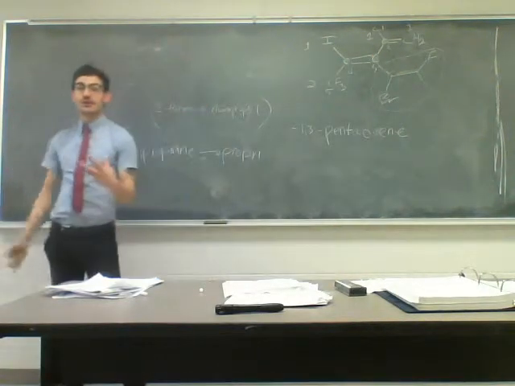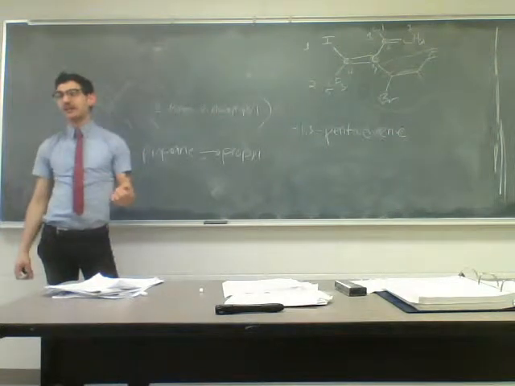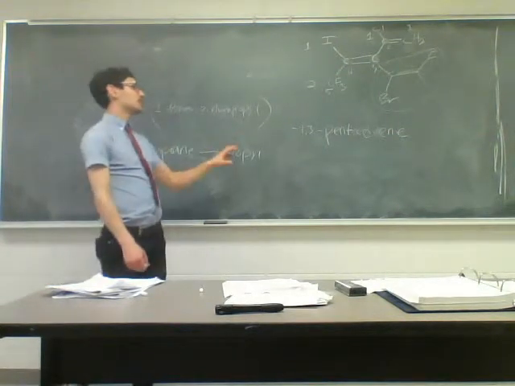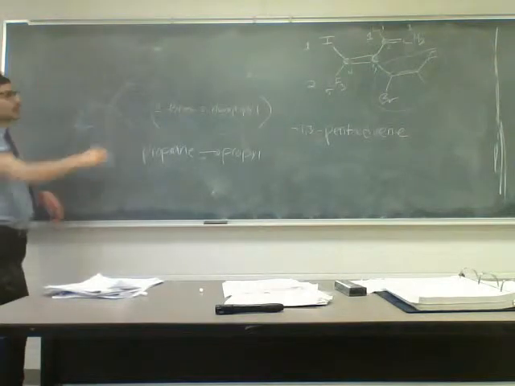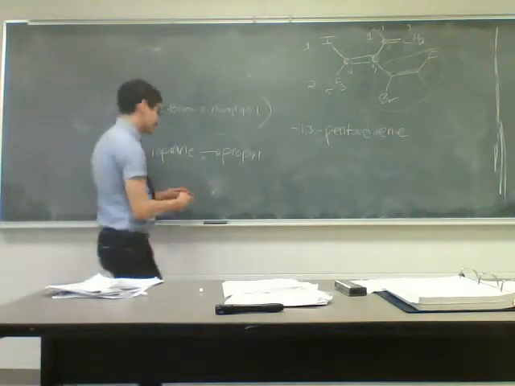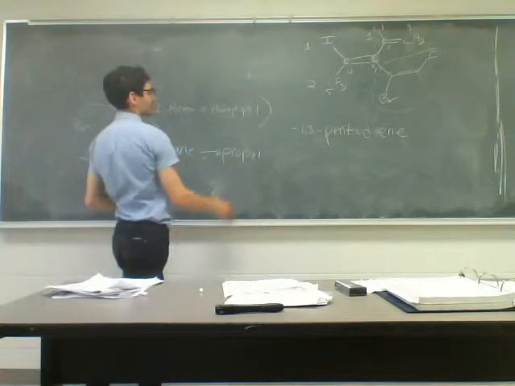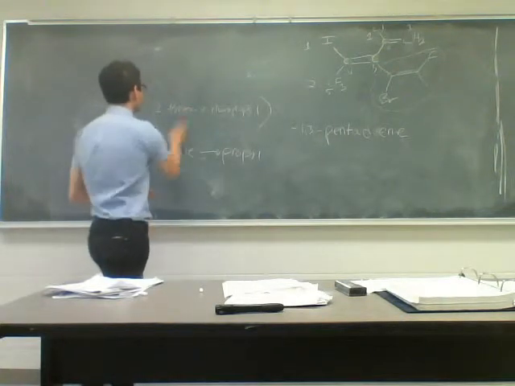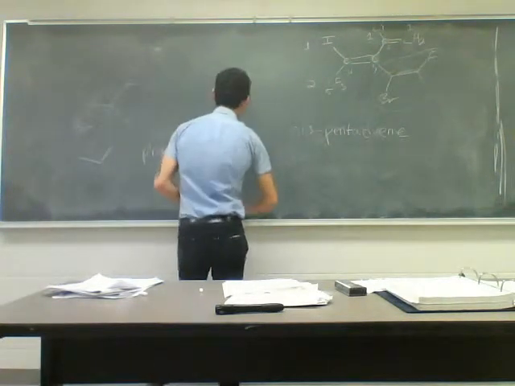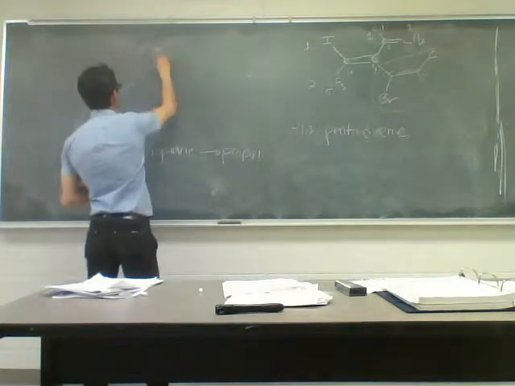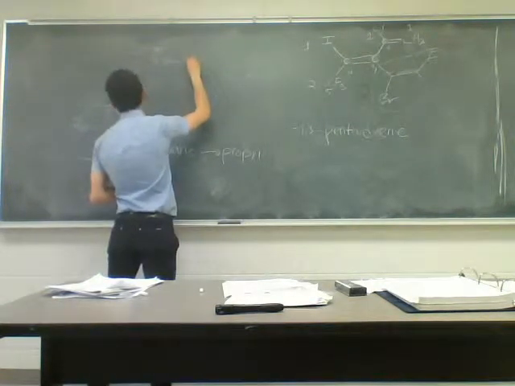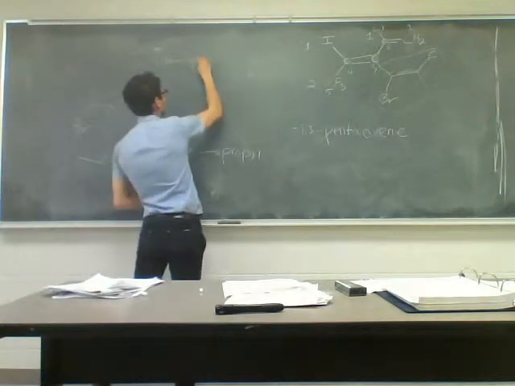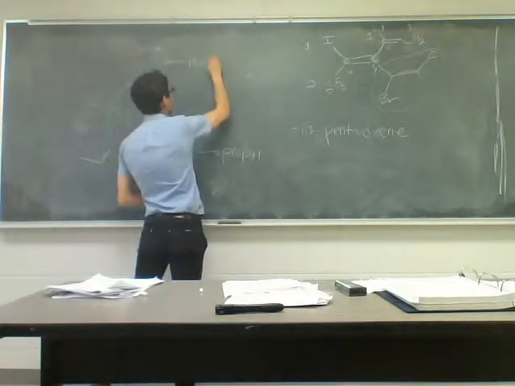We're going to name our offshoot like it was its own chain, keeping in mind that our numbering starts where it's attached to our main chain. So this is our 1-bromo, 2-fluoropropyl group.